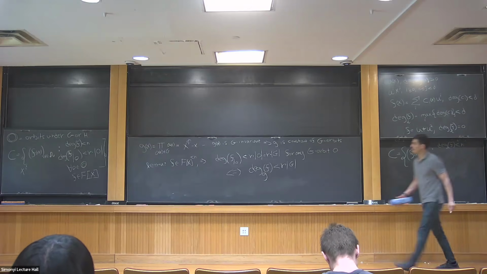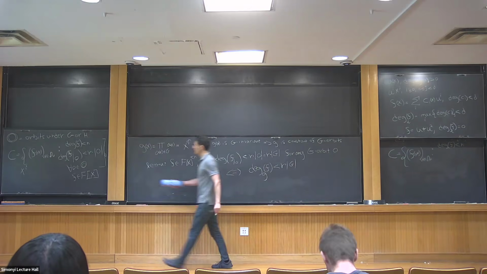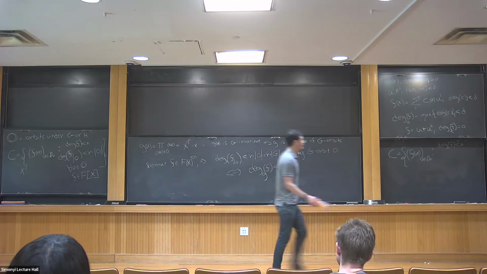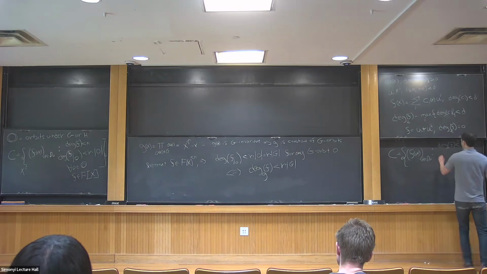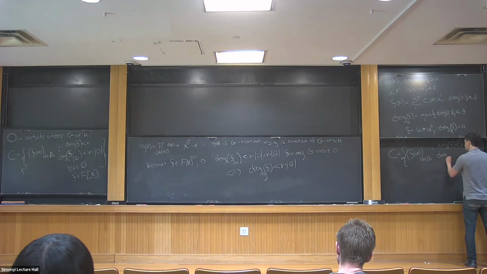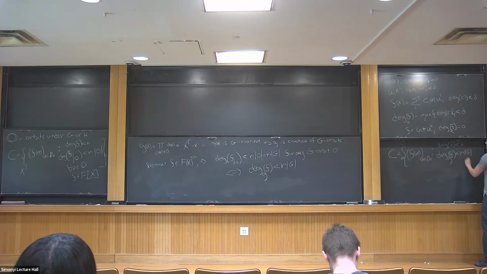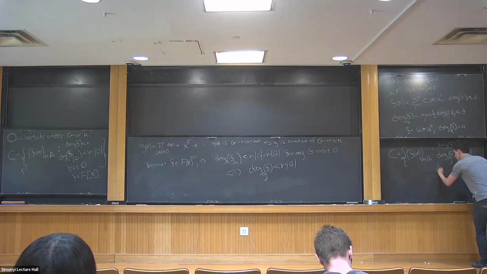But now I replace these weird looking constraints by the g-base degree and h-base degree. So I want the g-base degree of f to be small, and also the h-base degree of f.